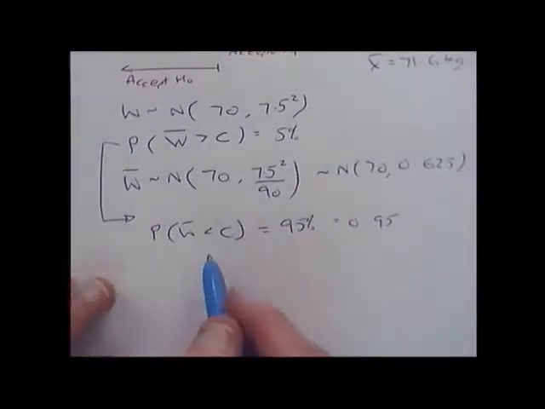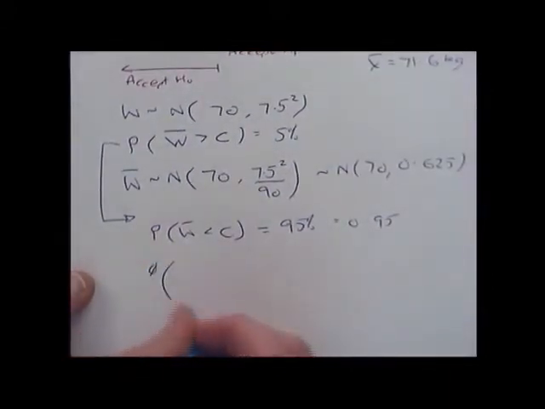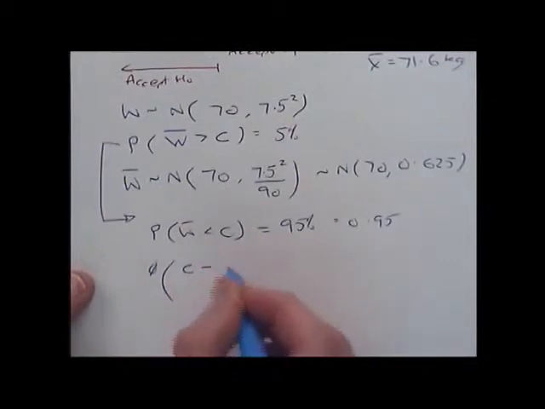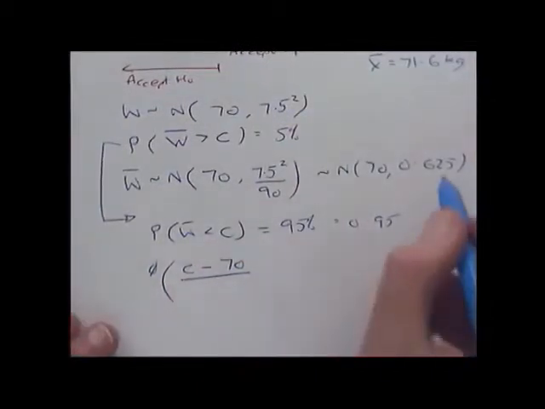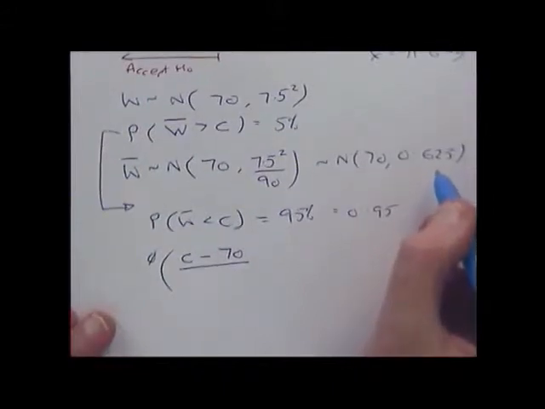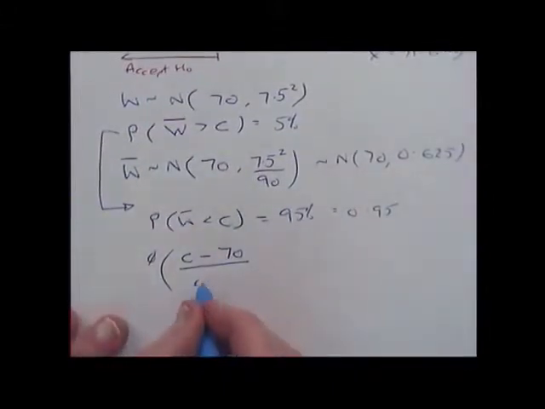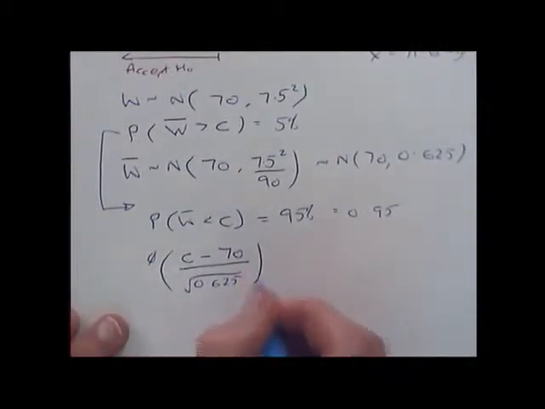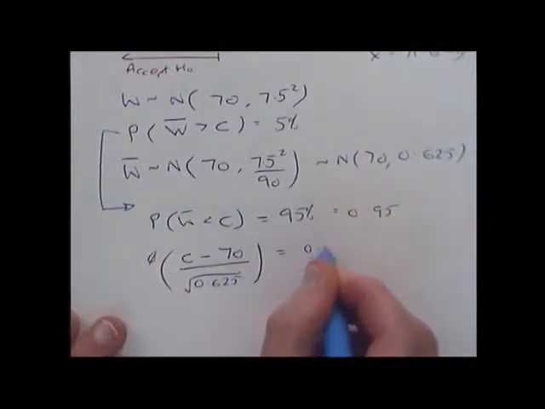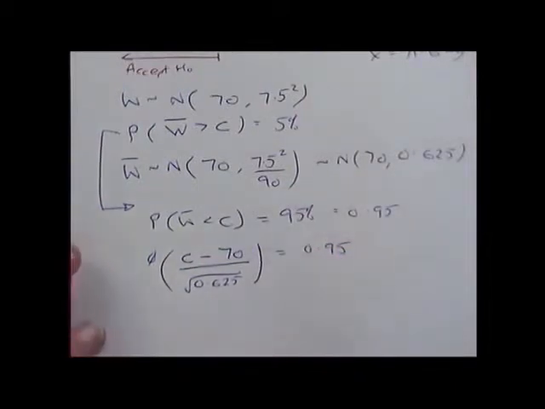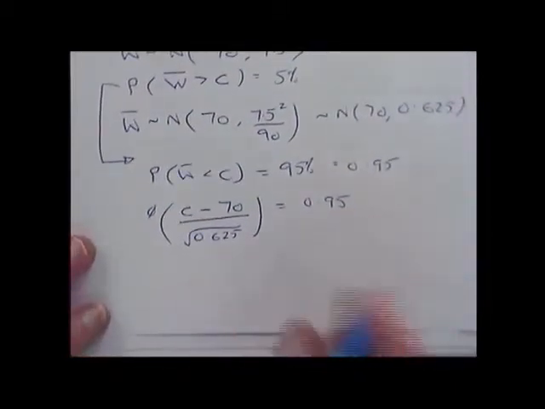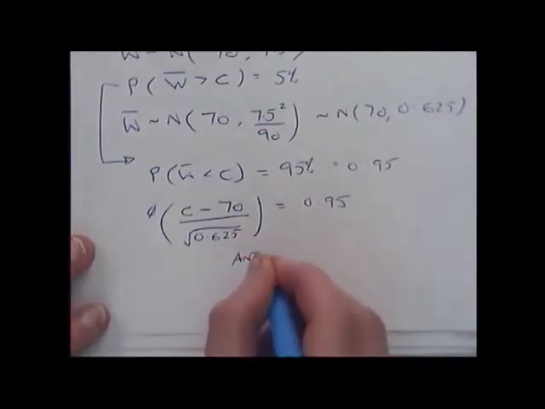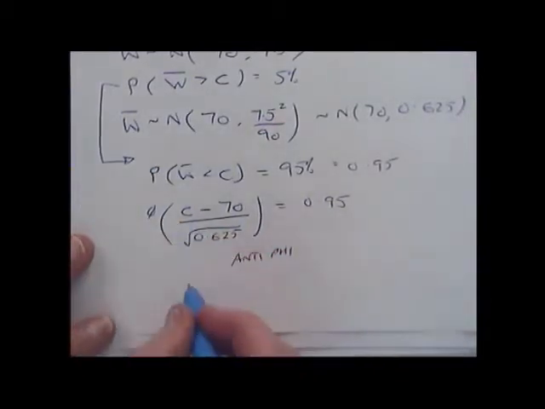Phi-ing, yeah, so it's phi of C minus my mean over my standard deviation, which is the square root of this 0.625 because that's the variance, and I'm now dealing with W bar, equals 0.95. But I want to find out C, so what would my next logical step be? Anti-phi, yeah, which means just get rid of the phi thing over here.